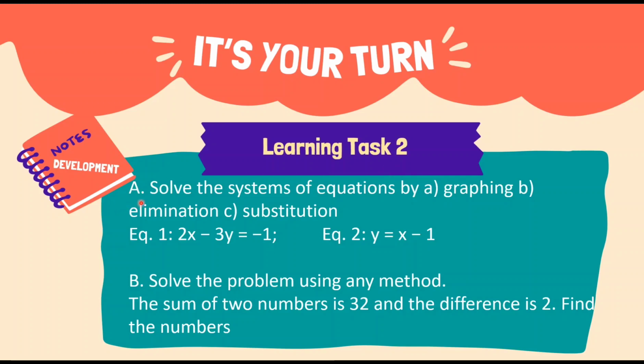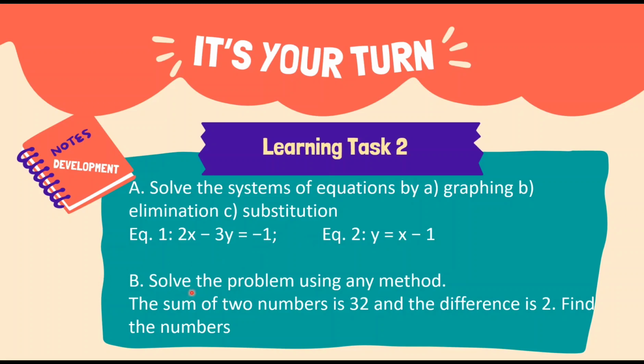For letter A, you need to solve the systems of equation by graphing, by elimination, and by substitution. For our equation 1, we have 2x minus 3y is equal to negative 1. And for equation number 2, y is equal to x minus 1. Same process that we did in order to find the solution of the given system of linear equation.